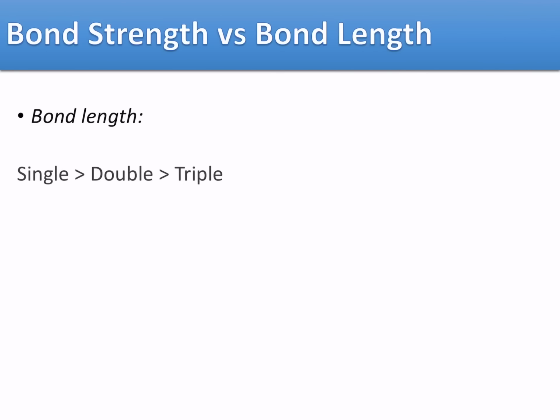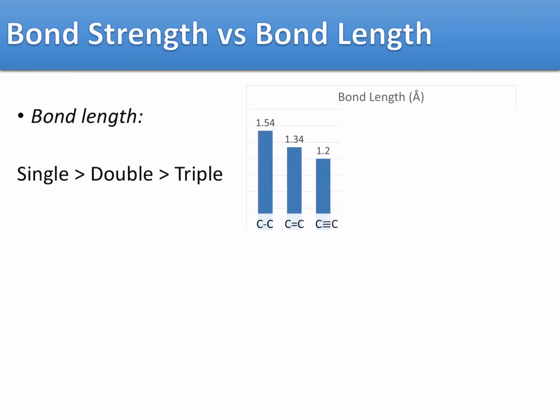We can also see this quantitatively. Here we are comparing bond length again, with the single carbon-carbon, double carbon-carbon, and triple carbon-carbon bonds. This distance is in angstroms, and an angstrom is equal to 10 to the minus 10 meters.